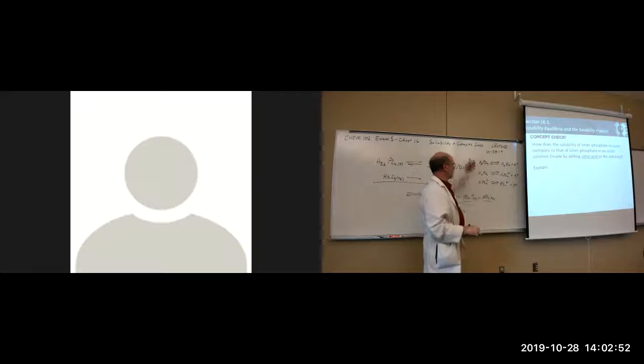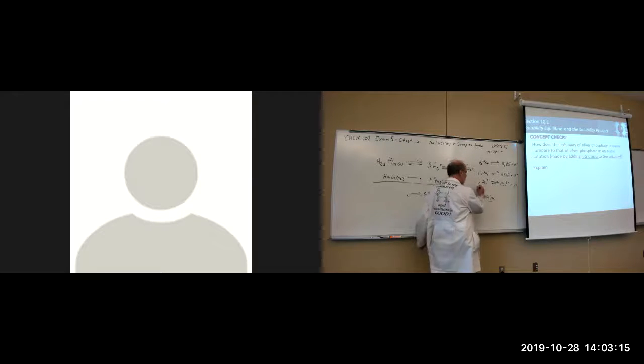Each one of these has an equilibrium constant, right? A Ka. All right, so this one is going to be a certain value. How does this one compare to that one? This one's going to be a smaller value. And this one's even smaller.